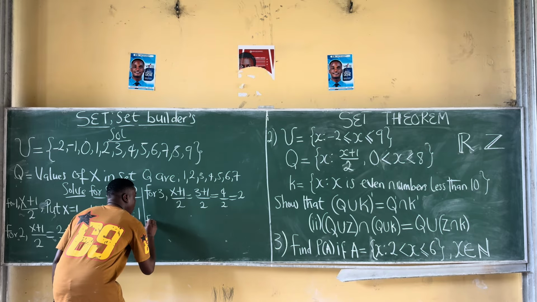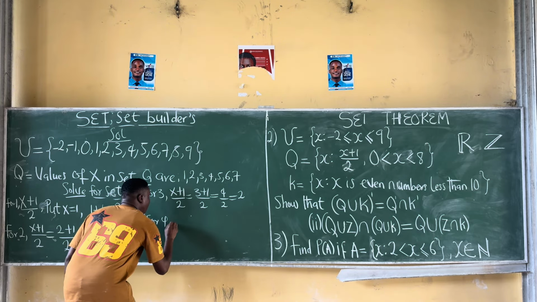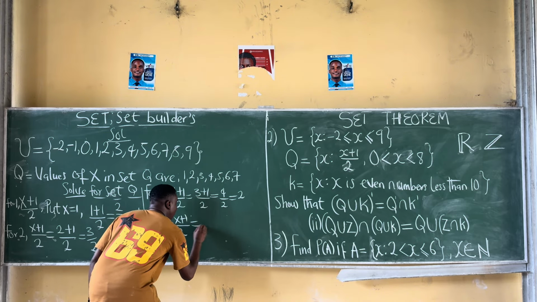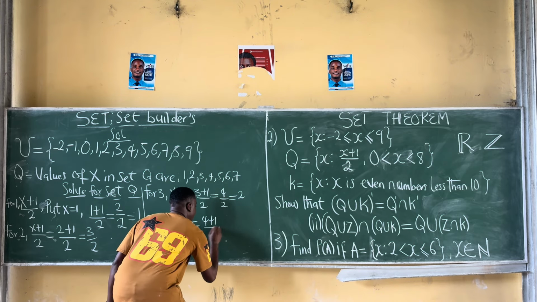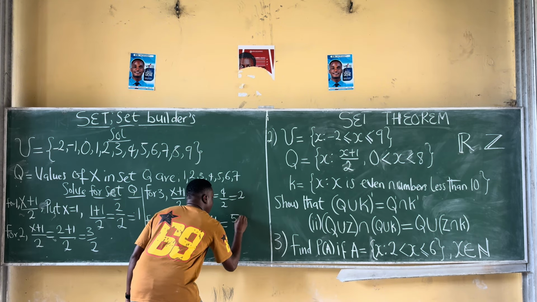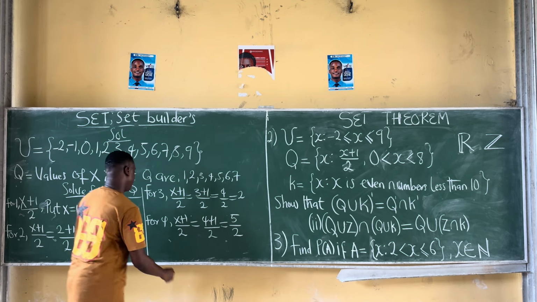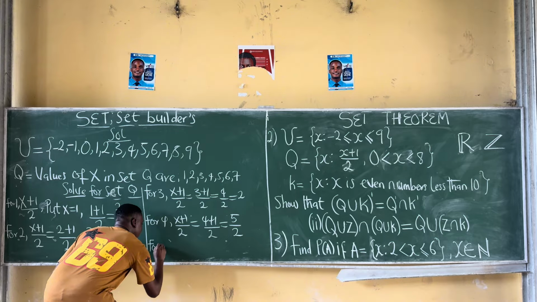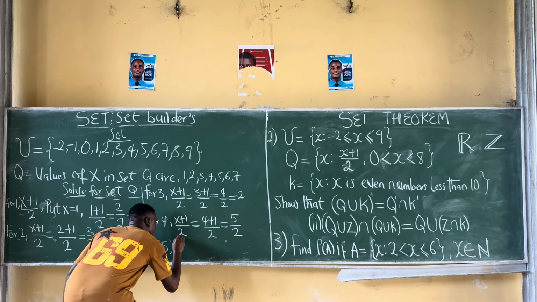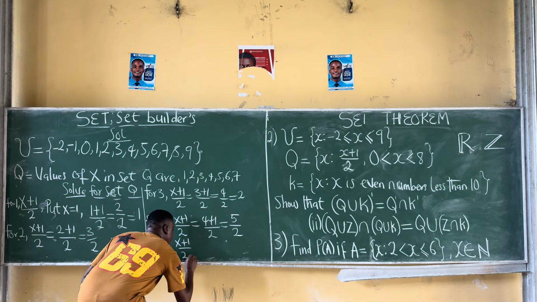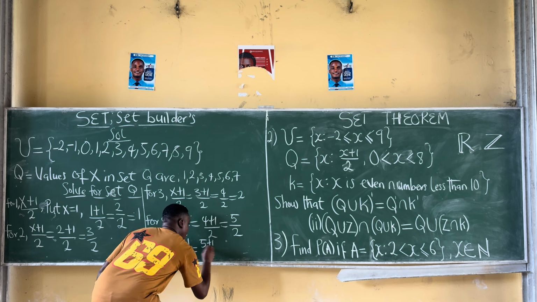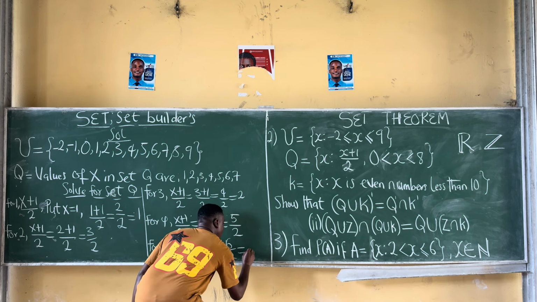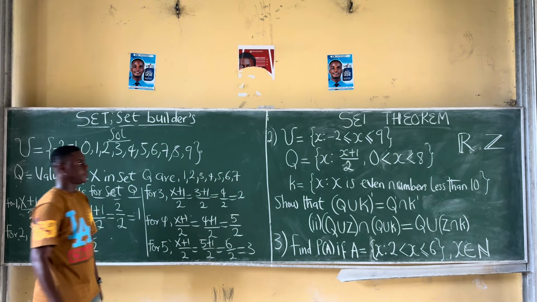So for 4, (x plus 1) over 2 is equal to (4 plus 1) over 2, which is equal to 5 over 2. So the next one is for 5. (5 plus 1) over 2 is equal to 6 over 2, which is equal to 3.